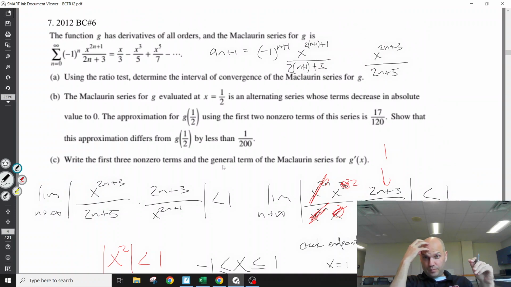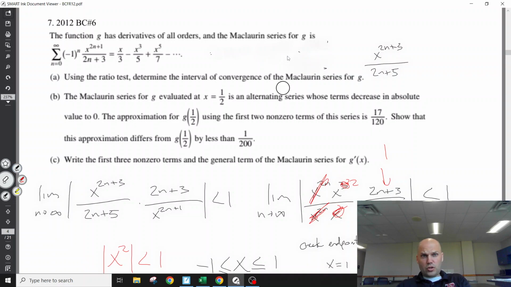Part B. Okay, boom. This is an alternating series whose terms decrease in absolute value to 0. Using 2 terms, we get that. Okay, well, since it's an alternating series, we'll use the alternating series error bound, which is the third degree polynomial approximation of a half minus the actual value.